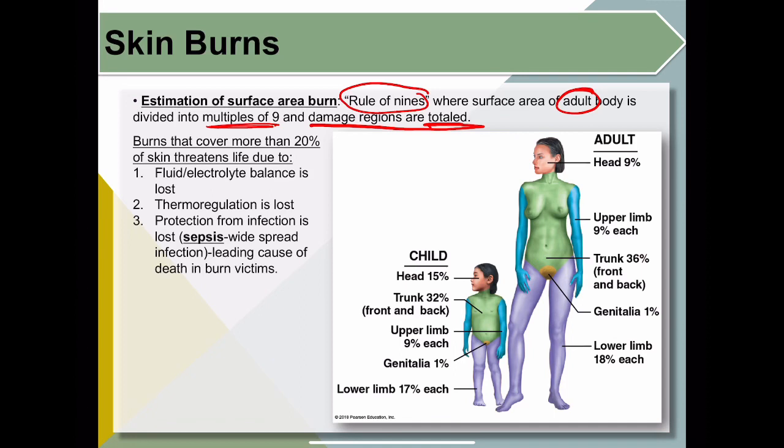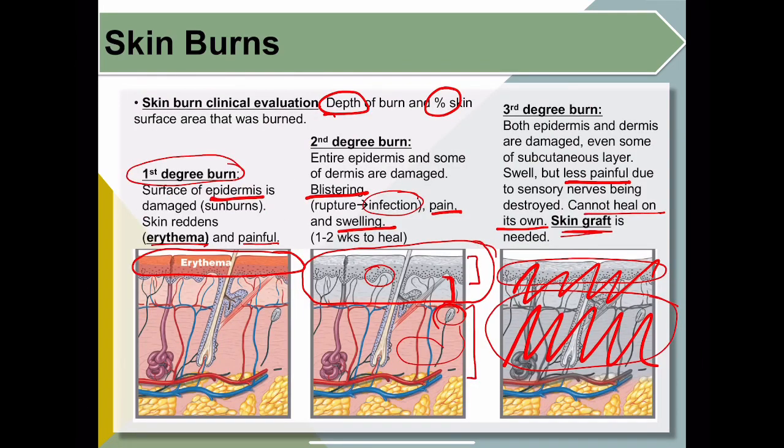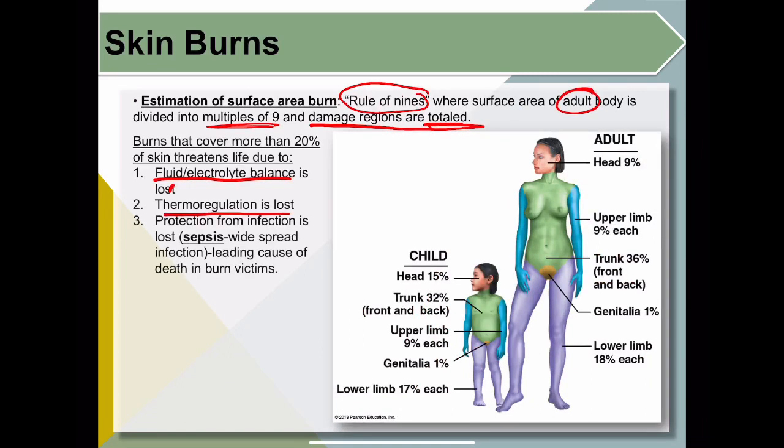So when you remove the majority of the skin, you lose a lot of fluid and electrolyte balance. Your thermal regulation is lost because your skin is providing insulation as well. And if we're talking about third degree burn, sweat glands right here are also destroyed. Now you can't sweat. That's why thermal regulation is gone.